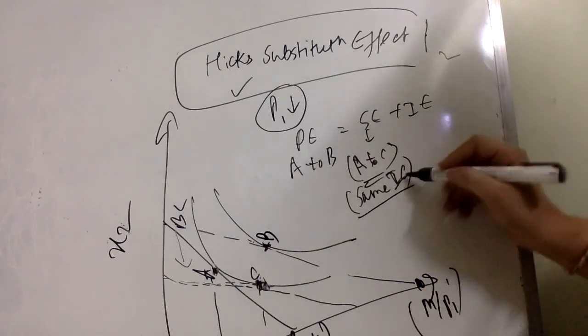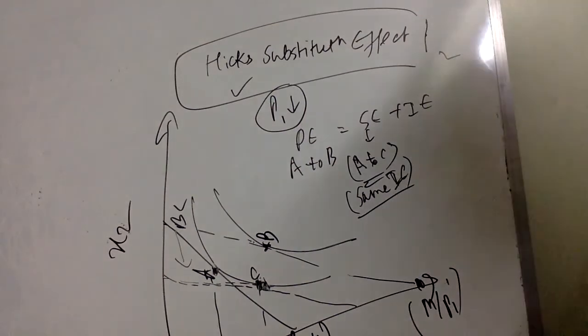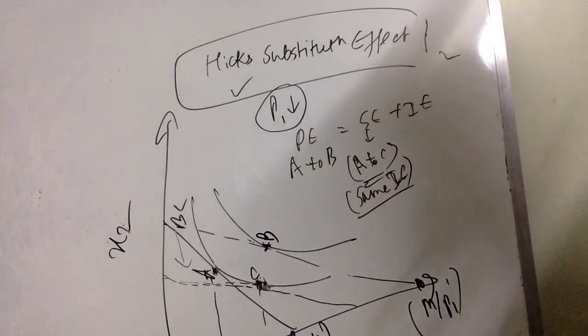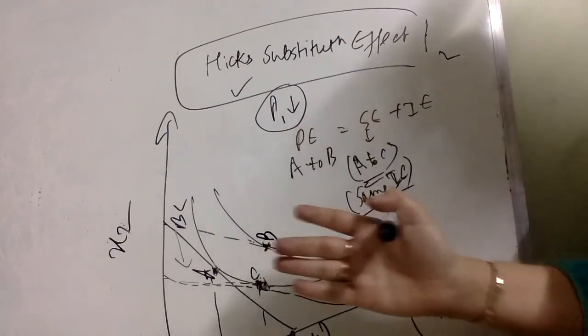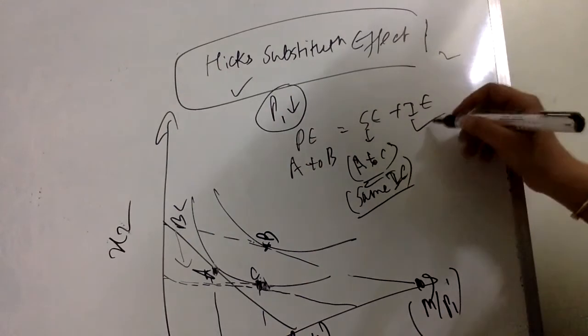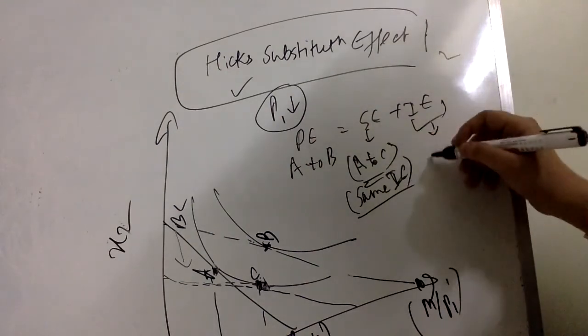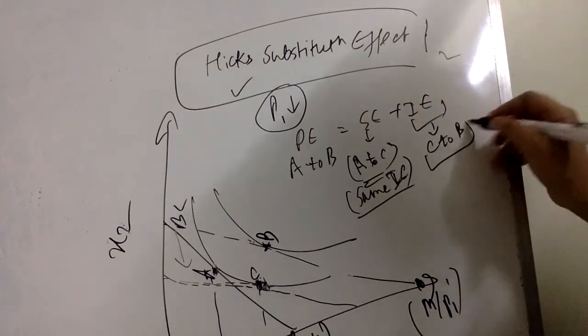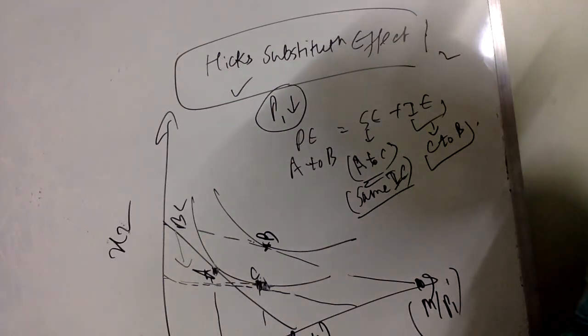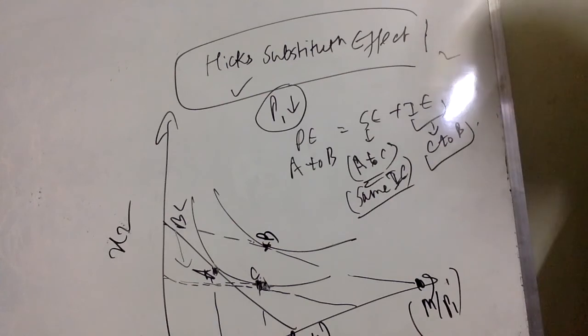So make sure that the difference is very much clear to you. According to the Hicksian analysis, we compensate the individual such that he is on his original indifference curve, and the income effect is from C to B. So this is the main catch here in terms of the difference between Slutsky and the Hicksian.